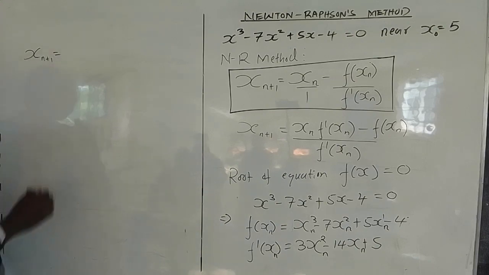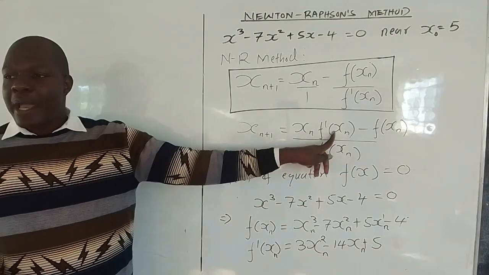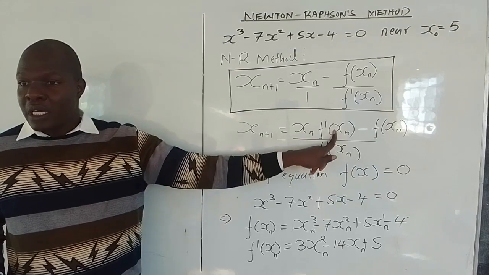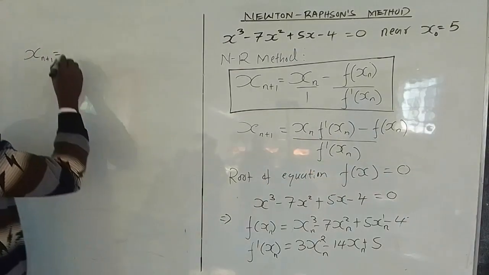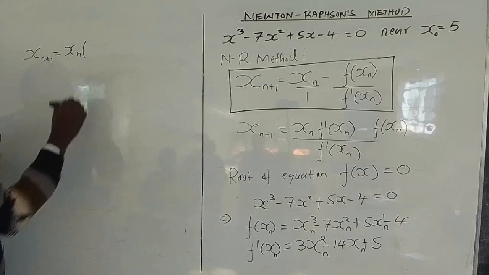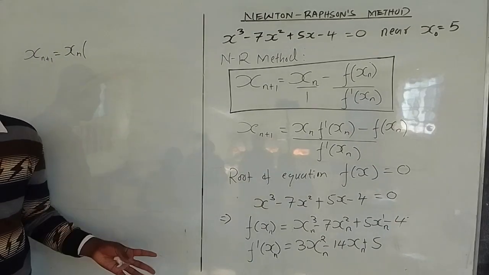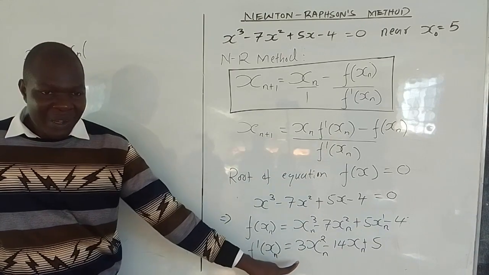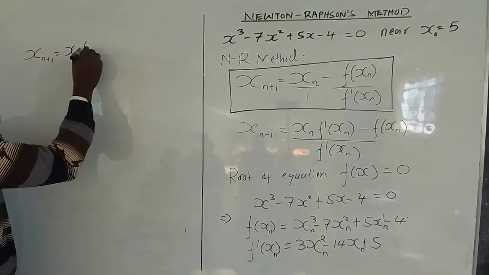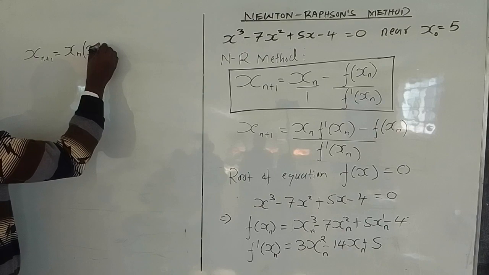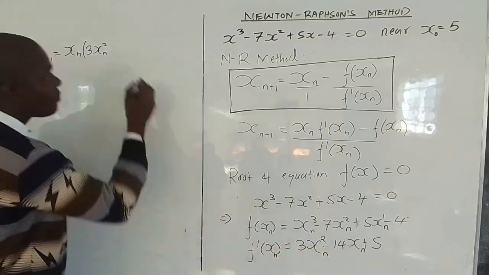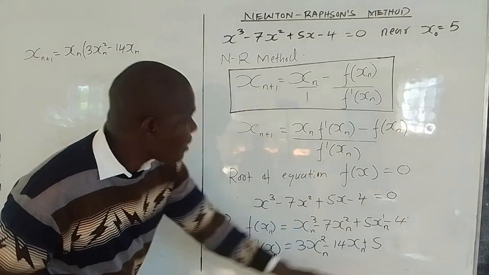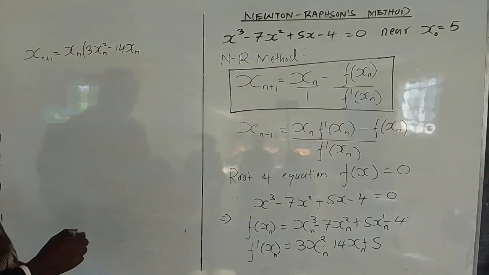xn plus 1 is equal to xn times f prime of, meaning I have xn times anything you are substituting, it must be in bracket. Where there is f prime of xn, I put its value. What is its value? 3xn squared minus 14xn plus 5.